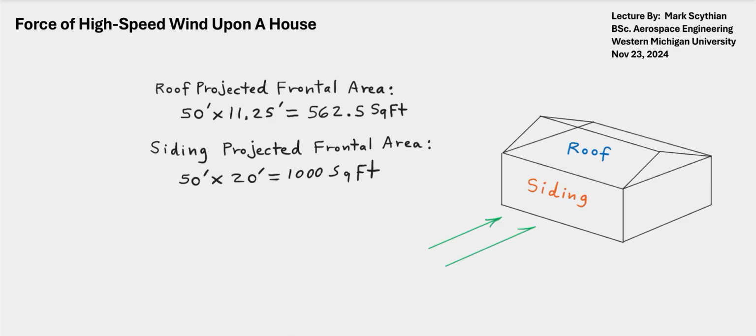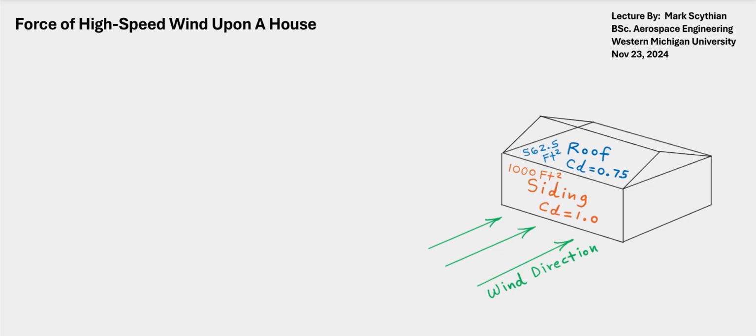So the siding has a projected frontal area of 1,000 square feet, and the roof has a projected frontal area of 562.5 square feet.